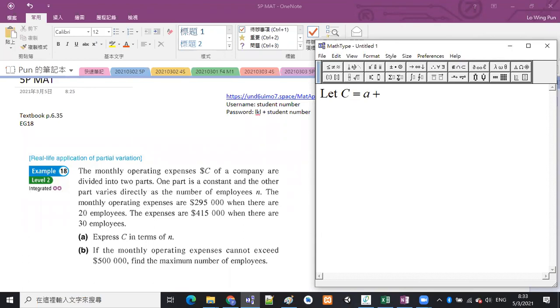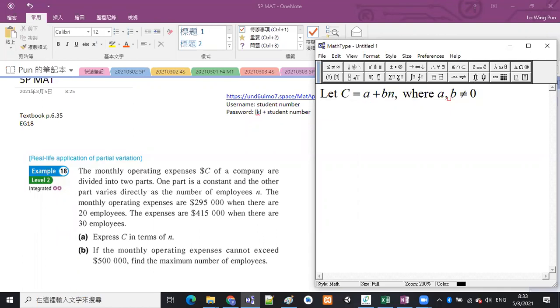The other part varies directly as the number of employees n. It is a direct variation, so it should be B times n, where A and B are not equal to 0.